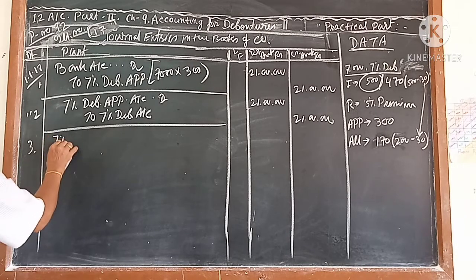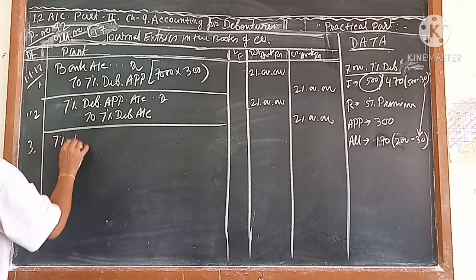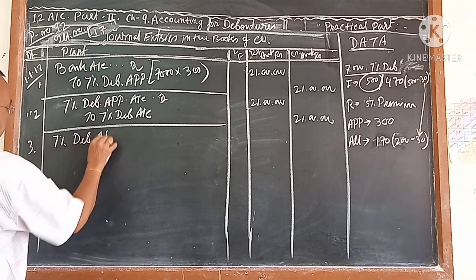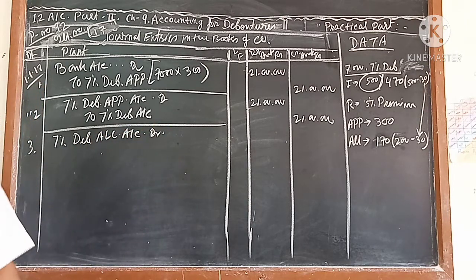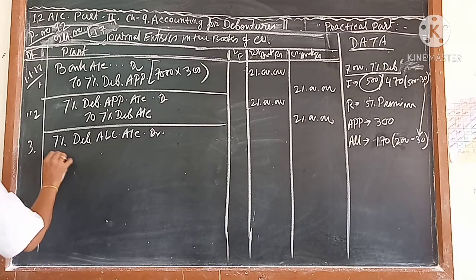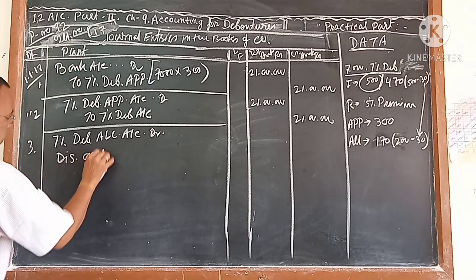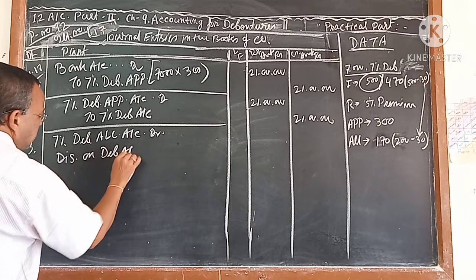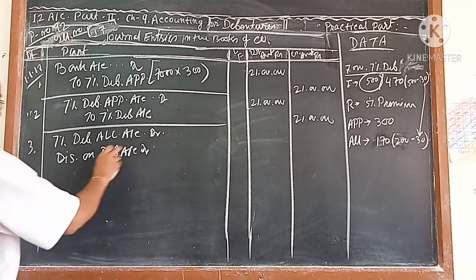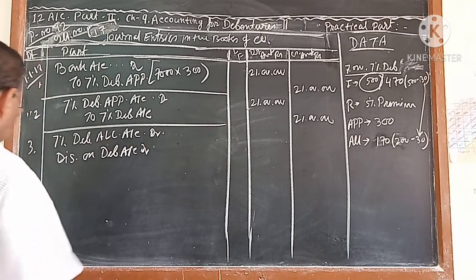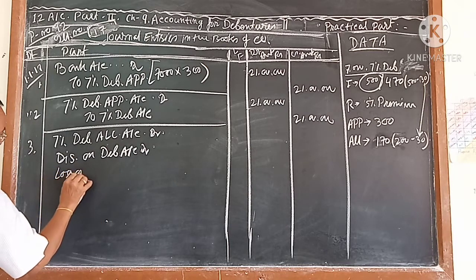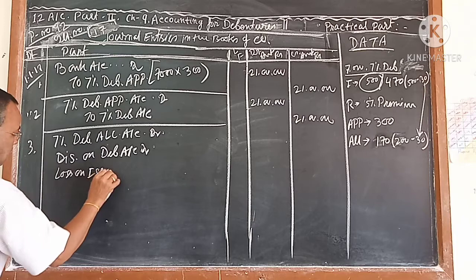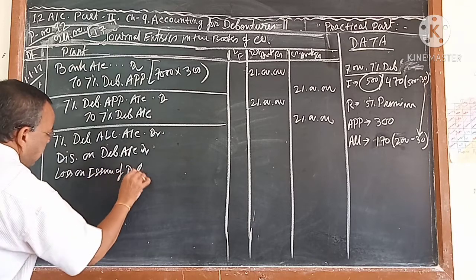Calling entry for allotment is: 7% debenture allotment account debit, discount on debenture account debit, loss on issue of debenture account debit.